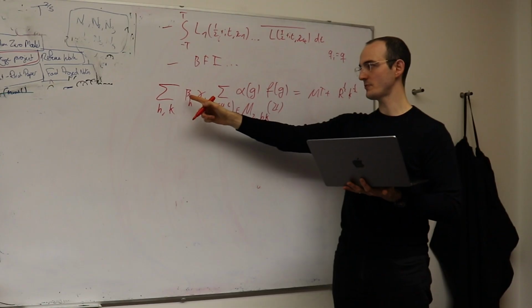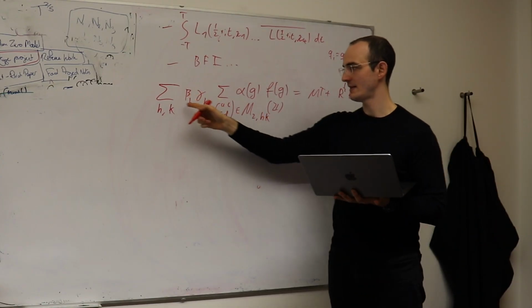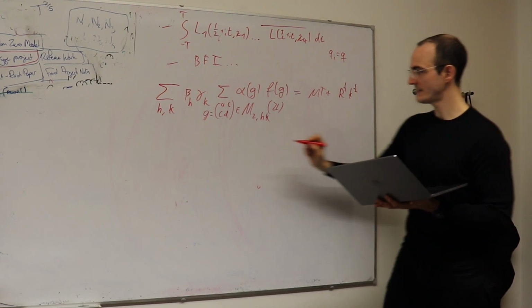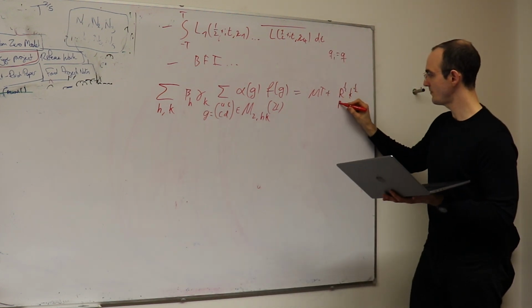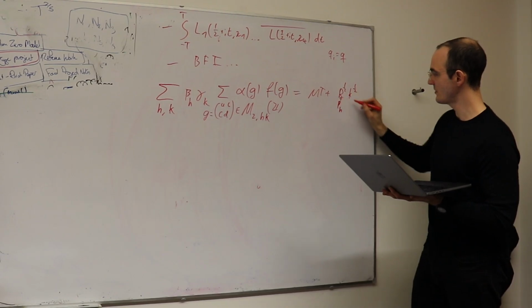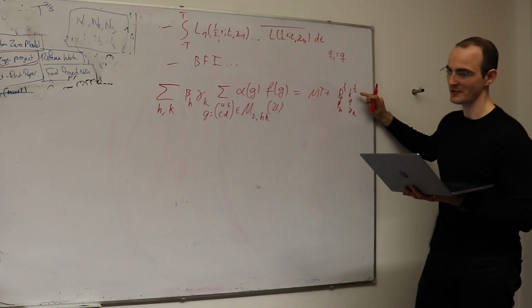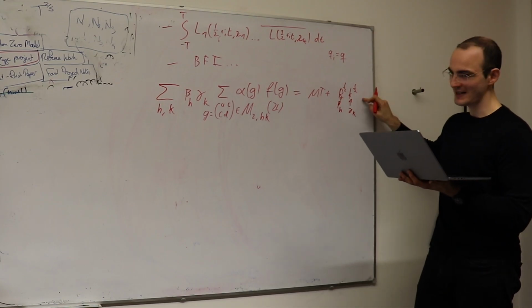What's different is that now we want to assume that the determinant has two parts. Why do we want to assume this? Because the beta h variables should go into the r part and the gamma k variables should go into the k part. Why do they need to do this?